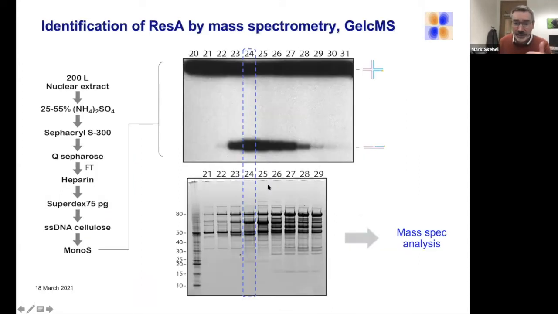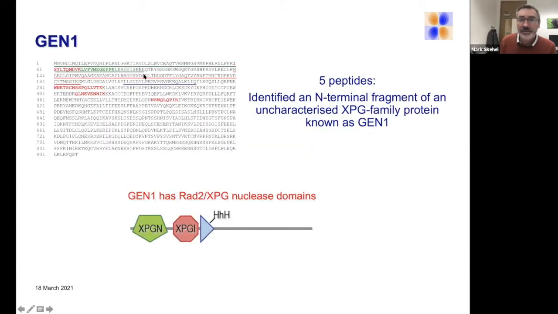This was essentially a gel LC-MS approach, where the guys gradually fractionated and purified, worked out the fraction that had the activity, and then we analyzed that fraction to look for potential candidates for the resolvase activity. This was also done in combination with some yeast experiments. What was identified was this GEN1 protein. We actually identified it from a very small number of peptides.